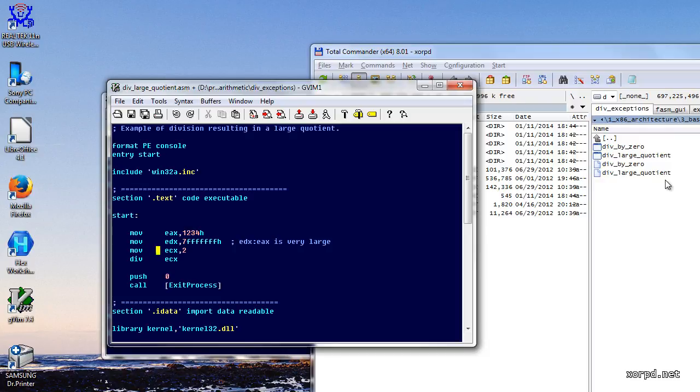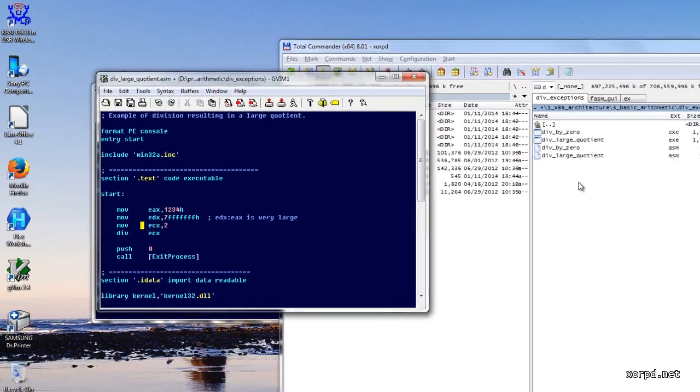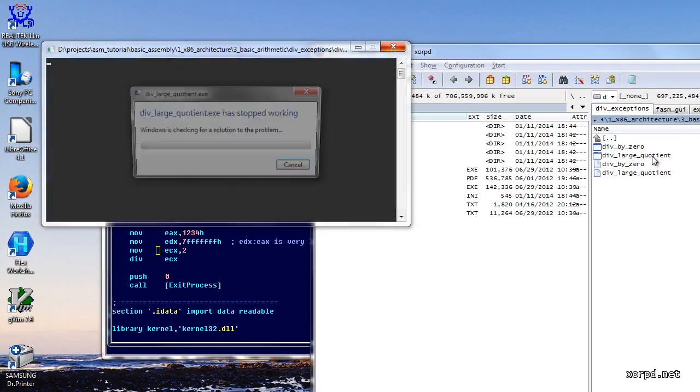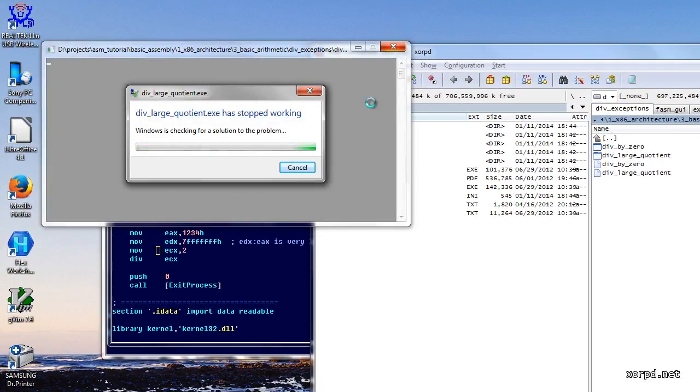That means we try to divide a very large number by a very small number, and we get the quotient overflow exception. Let's look at how it looks. Maybe it is going to be a bit different. And again, we get a very similar message to the first one.